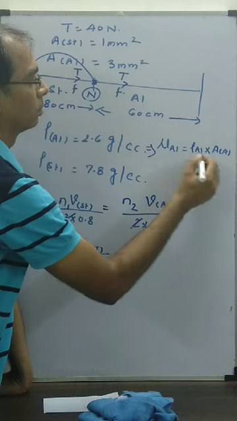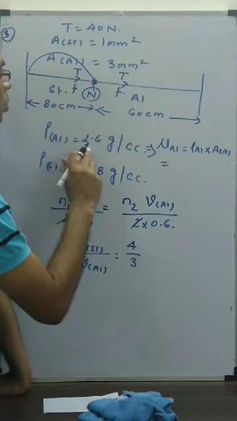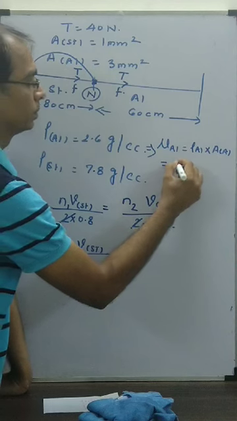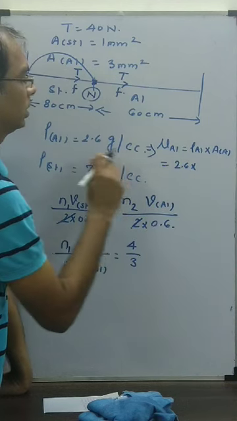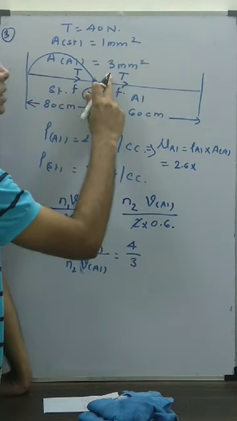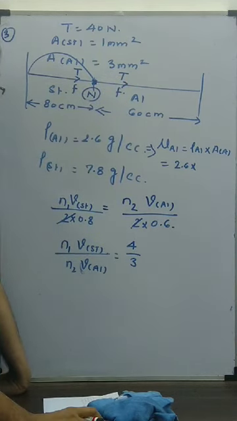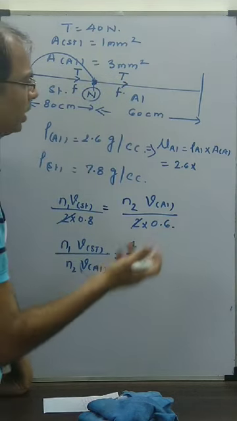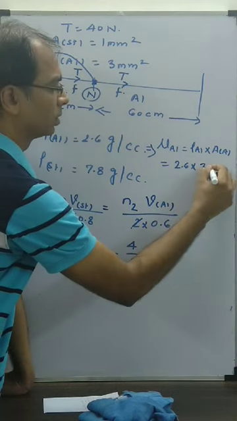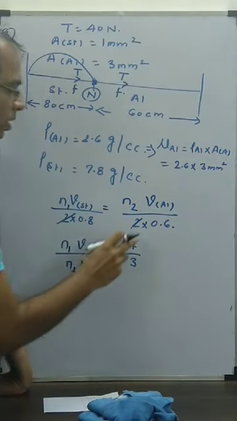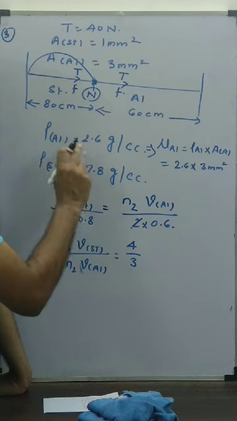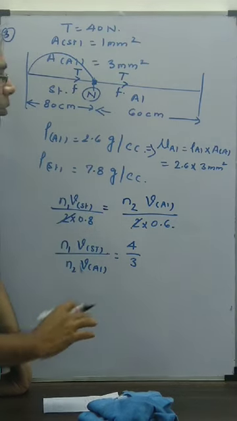Rho is 2.6 gram per cc. It's in centimeters, but this is in millimeters, so we have to convert. Or let it be like that only, no problem, because anyhow we are going for the ratio here, and both are given in mm, so it will get cancelled, don't worry.